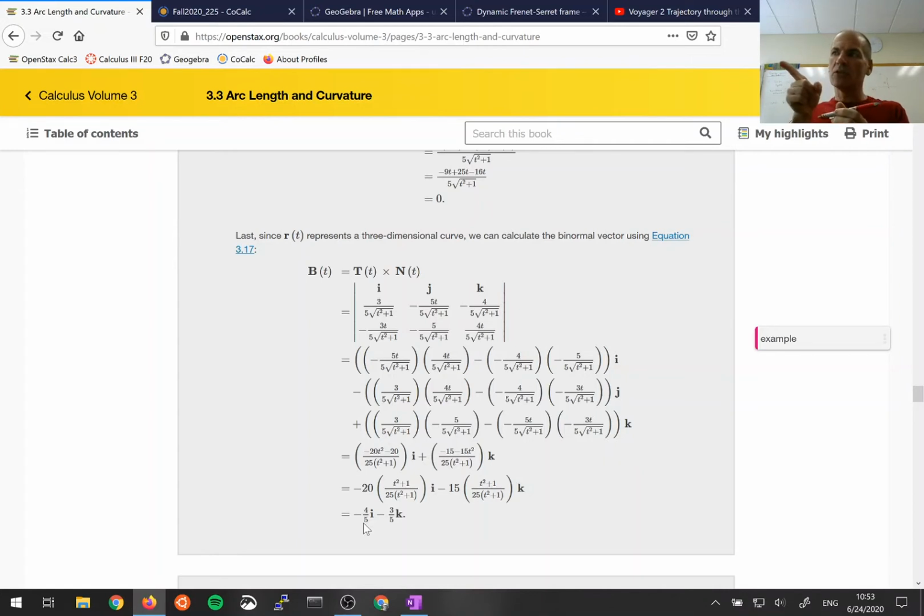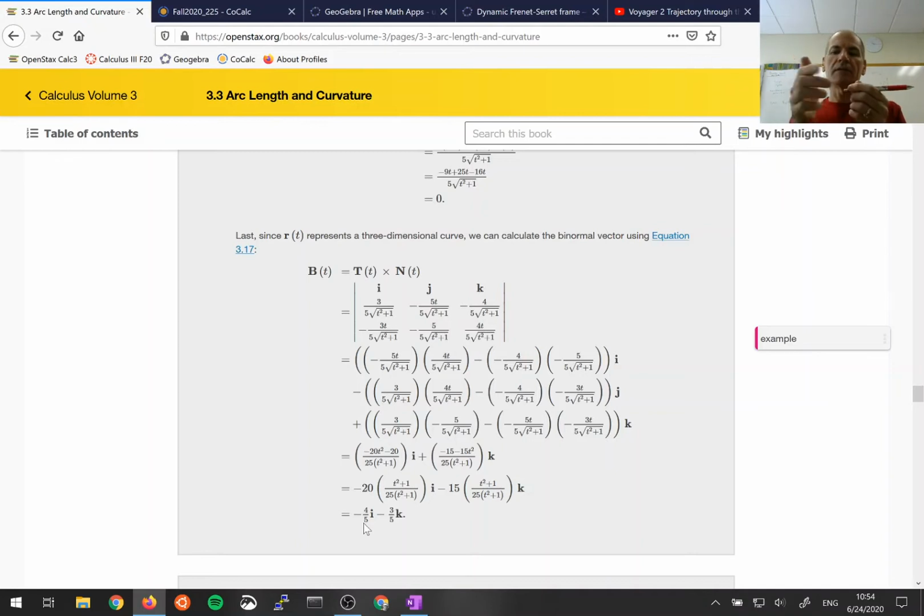So if I have a curve going like this, we can expect the normal vector to be pointing in the direction that the tip is about to go, like this. So that's how we decide between this direction as normal and this direction as normal. It's always pointing into the curve as opposed to out of the curve. So remember that. The unit normal vector is always pointing into the turn, perpendicular to T.